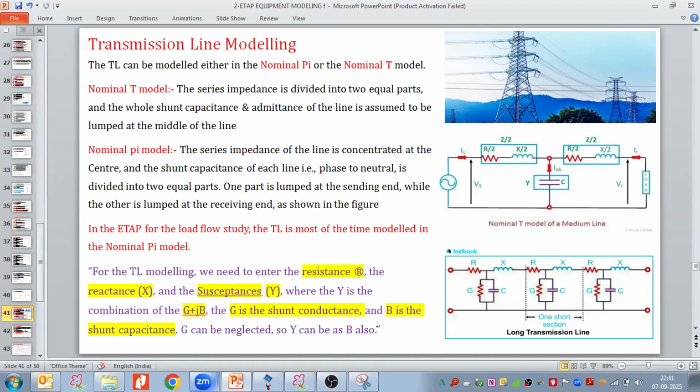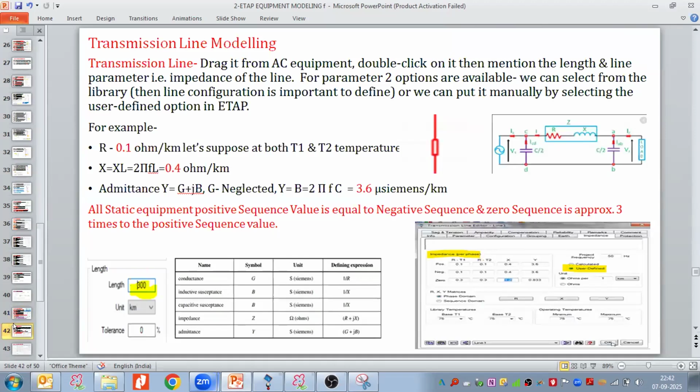G can be neglected, because there is no conductive path and no current flowing here, so the shunt conductance is very negligible. So we only have the shunt capacitance: Y can be B, and B is my shunt capacitance. That we need to enter in the transmission line model as well.